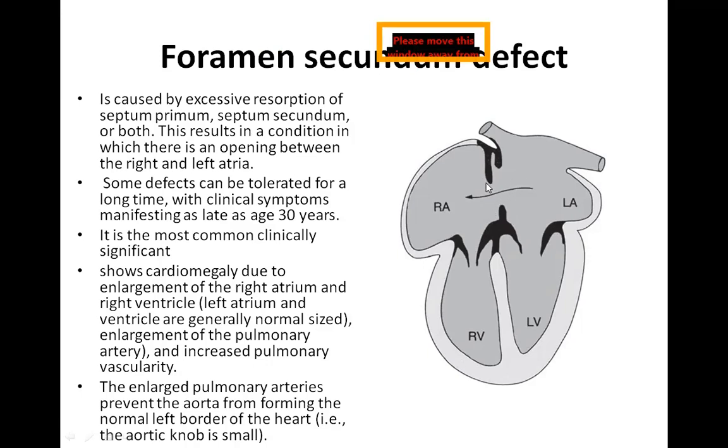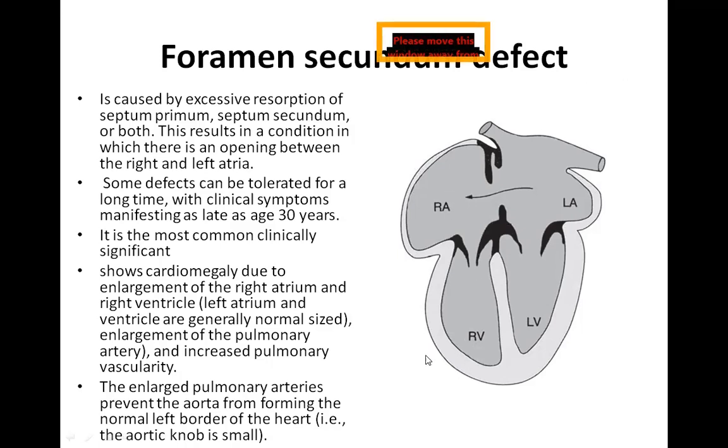It shows cardiomegaly, that is the enlargement of the heart due to enlargement of the right atrium and right ventricle, followed by the enlargement of the left atrium and the left ventricle later on. Normally, initially, the left atrium and left ventricle are normal in size. And then there is increased pulmonary vascularity.